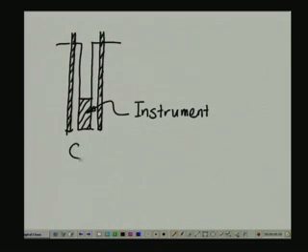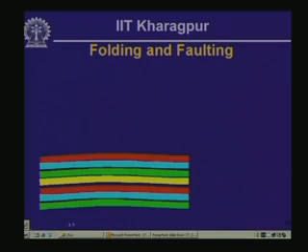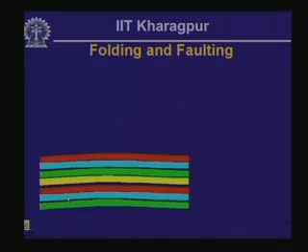So this procedure is called overcoring, and it is used quite extensively in determining the state of stress around underground excavations. Okay.